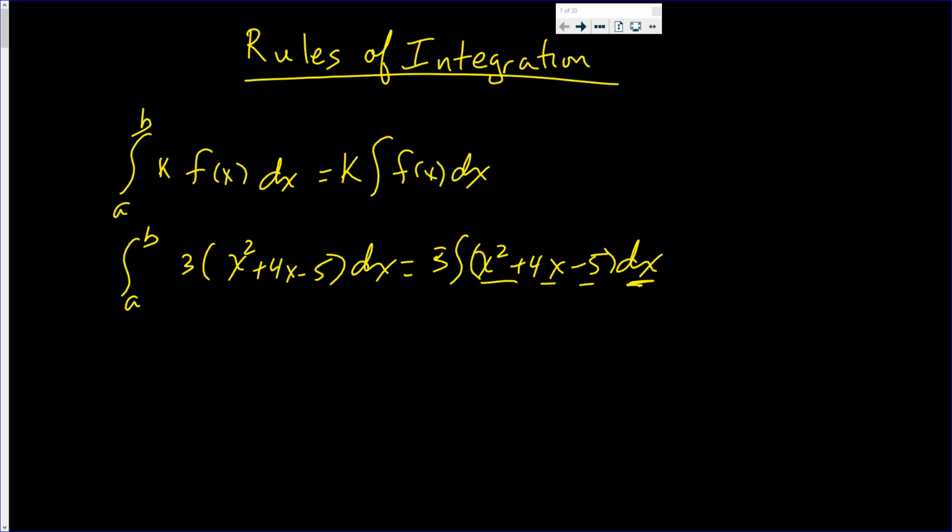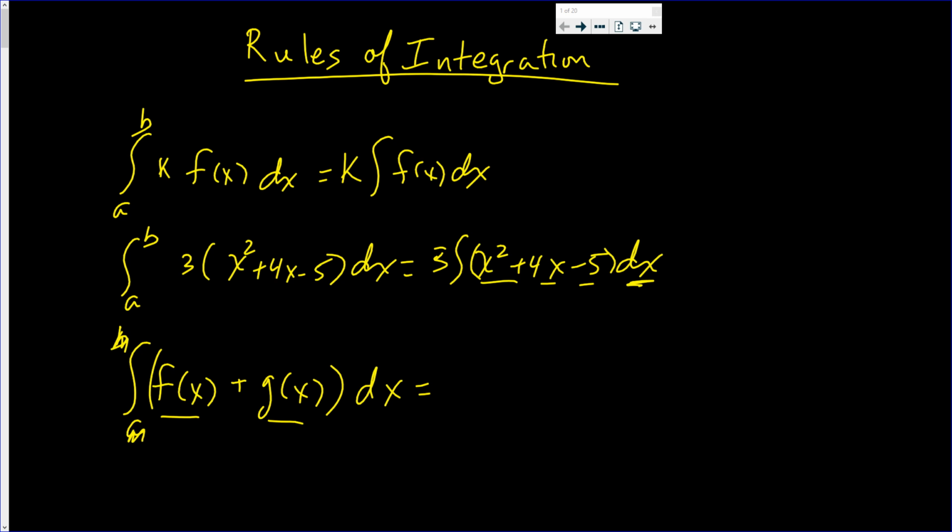Another rule is that if you have the integral from a to b, or you don't even have limits. Let's suppose you don't have limits. If you have the function f of x plus g of x, all dx, just like derivatives, you can take the derivative of each function separately and then add the results.